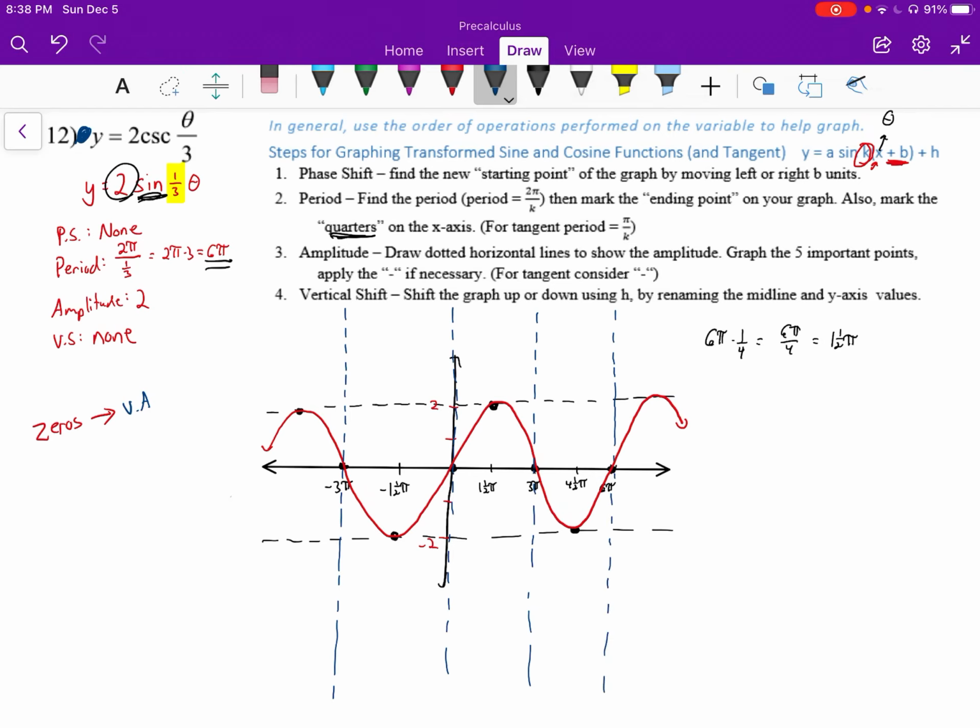And then what we do is at each of our highest and lowest points, so I'm going to start right here. We start at that point and we go towards those vertical asymptotes. So things that are below the x-axis go down and parts that are above the x-axis go up. And so we can graph this cosecant function.